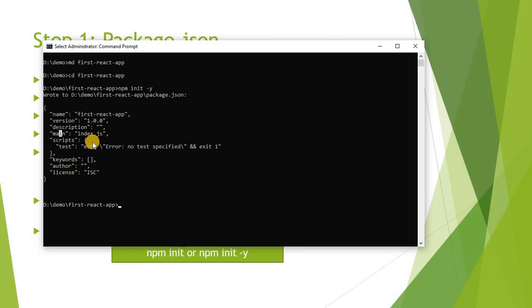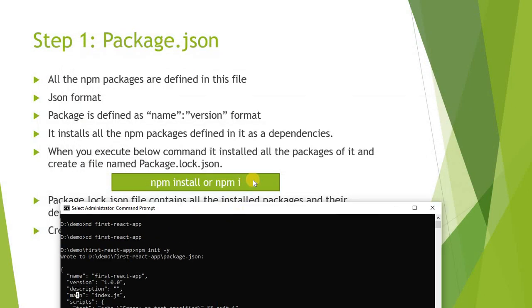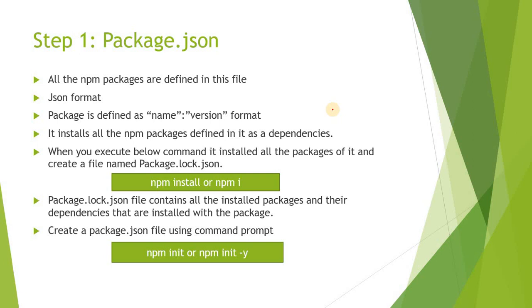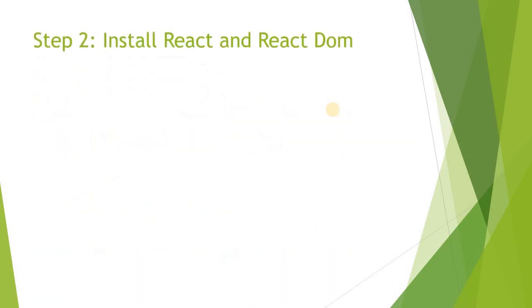So the particular package.json file has been created. In the next step we will install React as well as React DOM. This is the official website of React.js, that is reactjs.org.